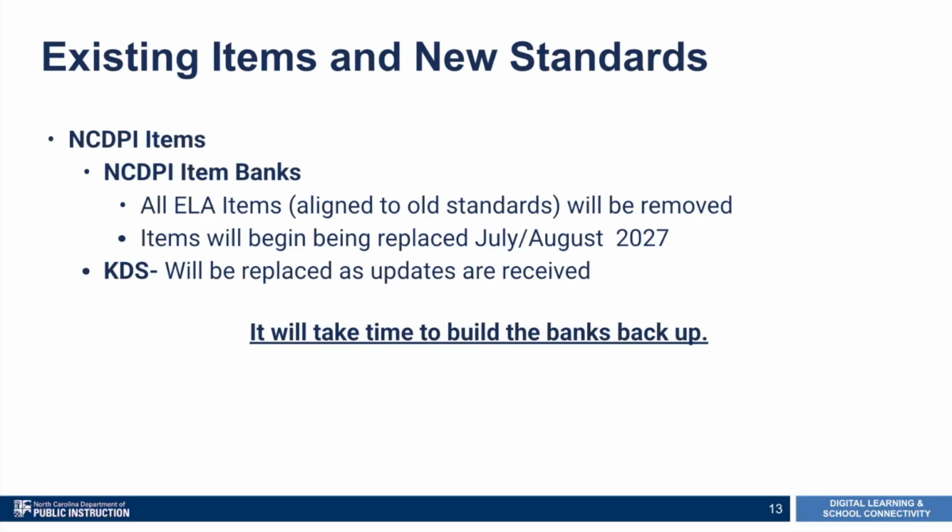Please note, we currently have, I think it's maybe 70,000 ELA items. It will take time to build that bank up again. So it will not be as robust in July of next year. Okay, so I want to caution everyone on that.